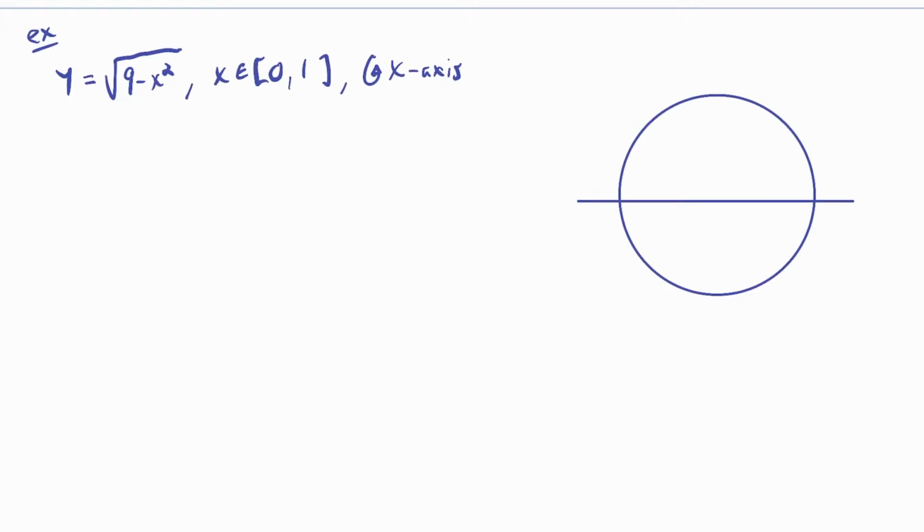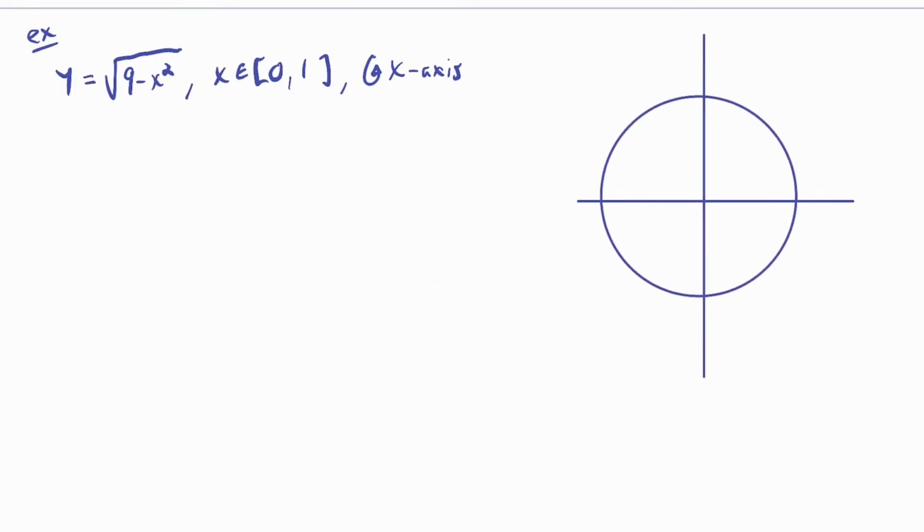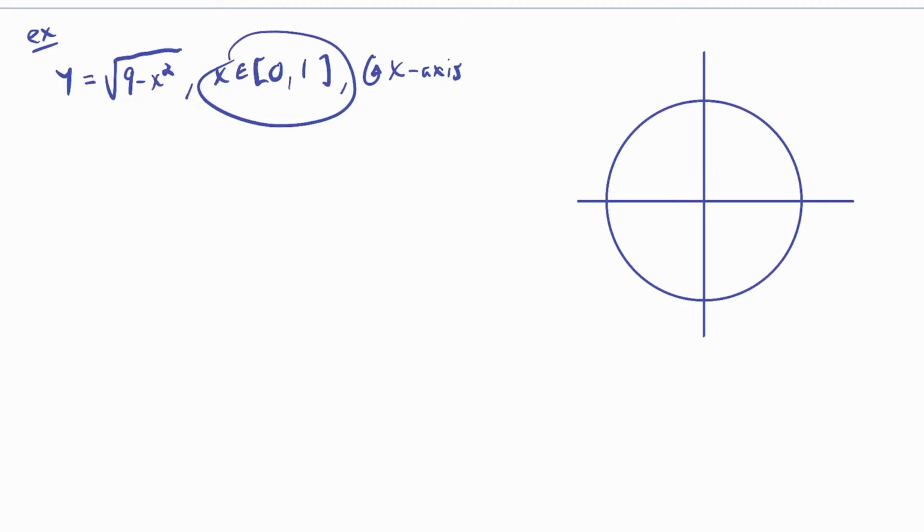So I'll start by drawing my circle out as close as I can. Let's call that close. Okay. So again, the radius is 3 in this example. I'm going to clean this up a little bit. Radius is 3. But we're not integrating from negative 3 to 3, just 0 to 1.